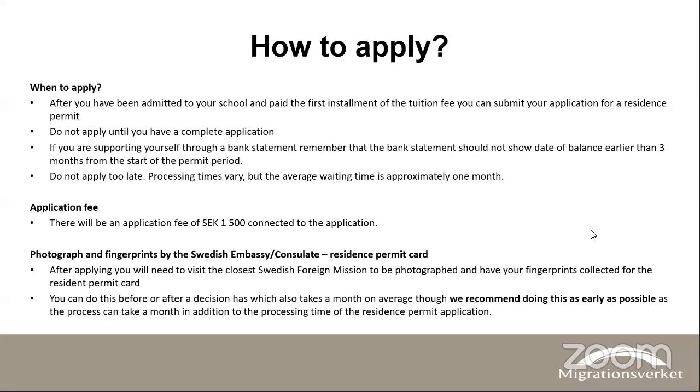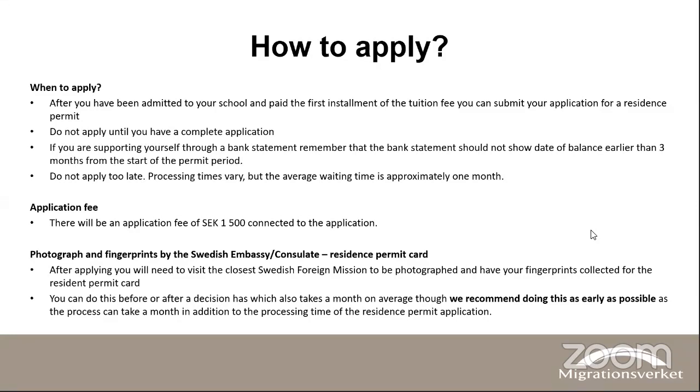After applying, you will need to visit your closest Swedish foreign mission abroad to be photographed and have your fingerprints collected. This is in order for the residence permit card to be produced. You can do this before or after a decision has been made.